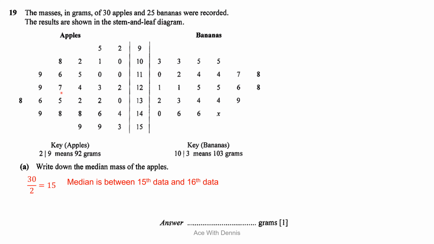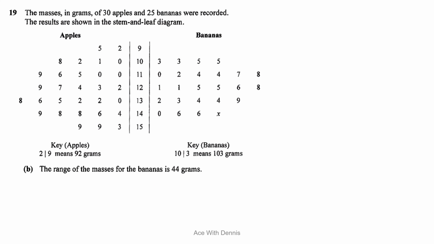So these are the 15th and 16th data. Now the median will be in between these two numbers. So 7 means 127. 9 here means 129. So add these two numbers together, divide by 2. So the median will be 128 grams.